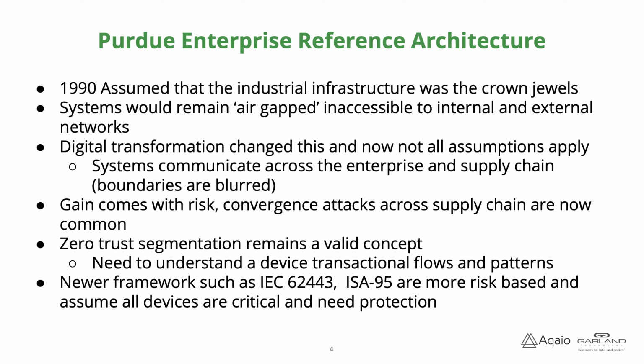So zero trust segmentation is a valid concept, and it still is, but we need to understand more now about the transactional flow and the monitoring that is happening inside the systems, more so than anything else. What we do need, though, is that 100% visibility.